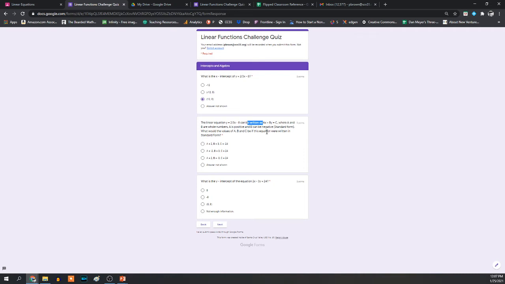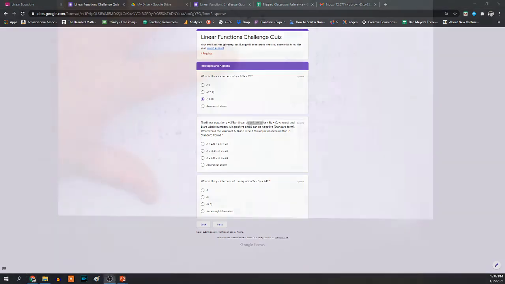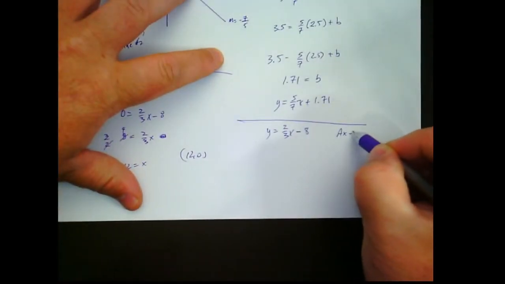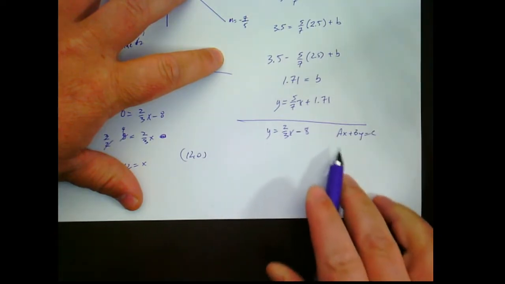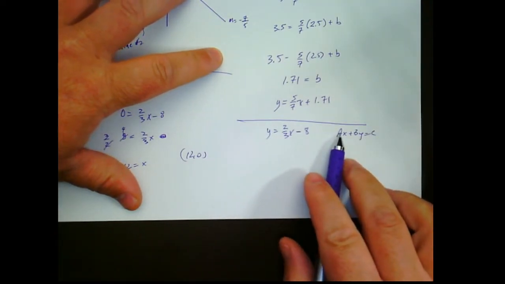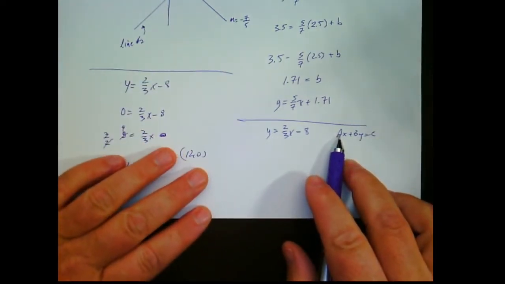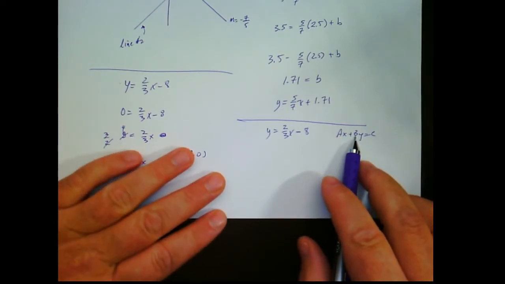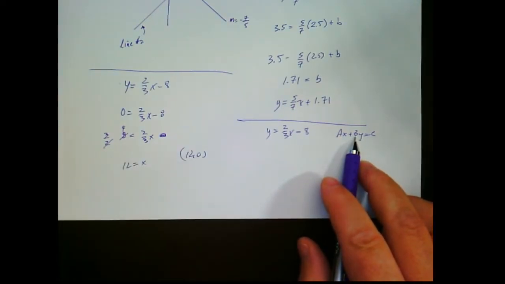So y equals 2/3 x minus 8. All right. And what we need to do here is ax plus by equals c. a has to be a positive whole number, so a natural number, and b can be any integer.